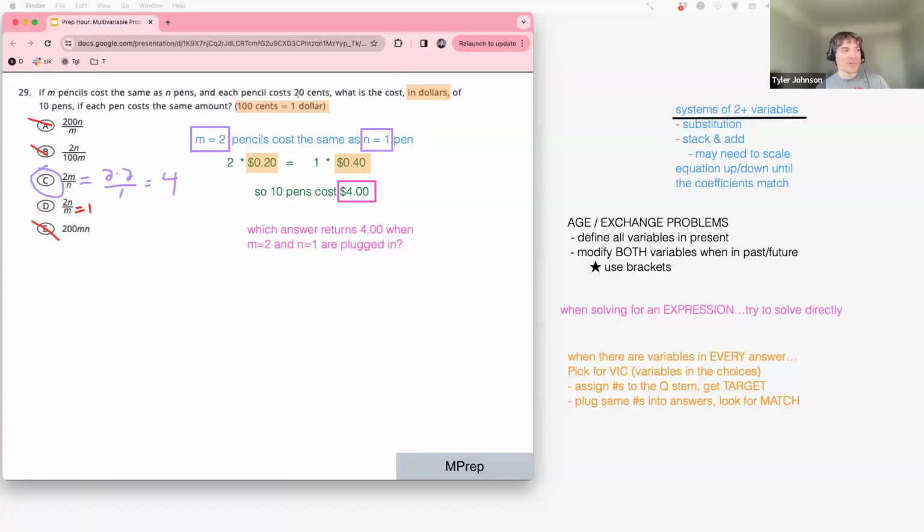So if they give you information in cents and they want you to answer in dollar form, just make sure you're converting the cents into dollars as one of your first steps. And generally, anytime there's a unit conversion involved, you want to make that conversion in your first step to avoid any trap answers later.